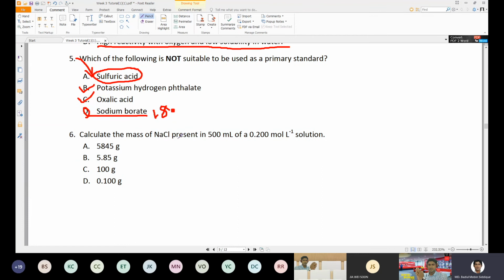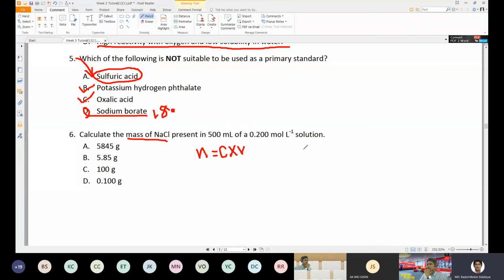Calculate the mass of sodium chloride present in 500 milliliters of 0.2 molar solution, or 0.2 mole per liter solution. So I need to know the mass of sodium chloride. First of all, I have to know the number of moles of sodium chloride. That means n equals C times V, right?